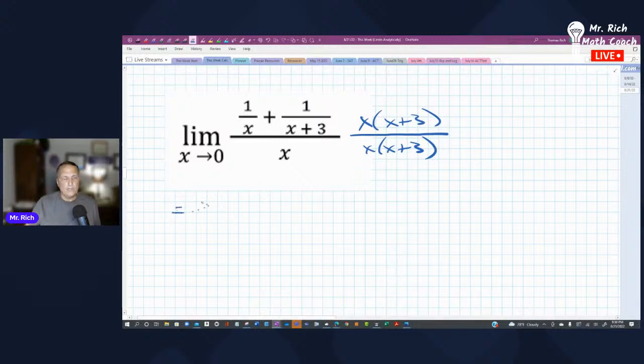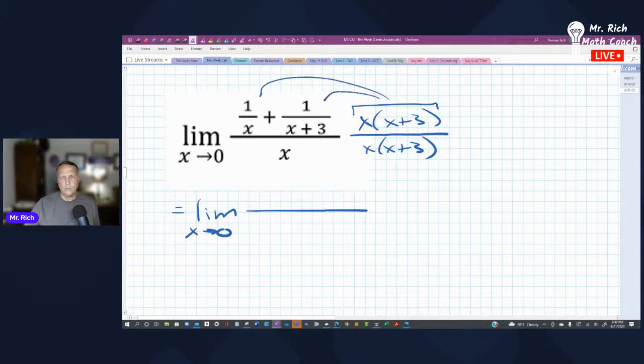When I do this, bringing down my limit, I haven't evaluated the limit yet. I am going to take this whole thing times each one of these fractions. And what's that going to give me? Well, the x's here would cancel. This is going to give me an x plus 3. And when I multiply this by 1 over x plus 3, the x's cancel, and I am left with that.